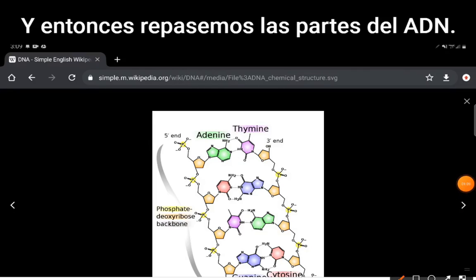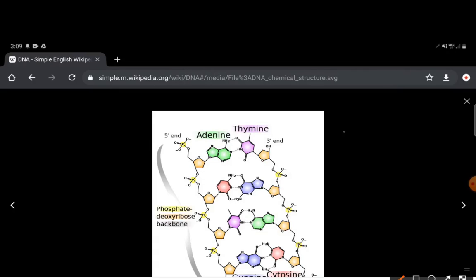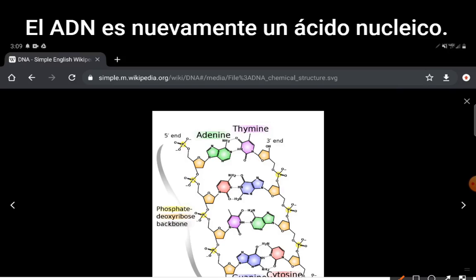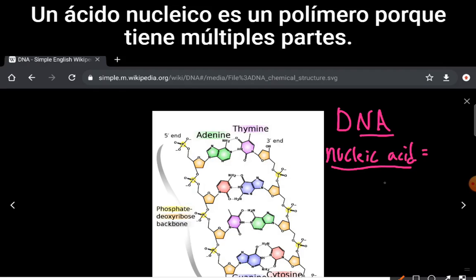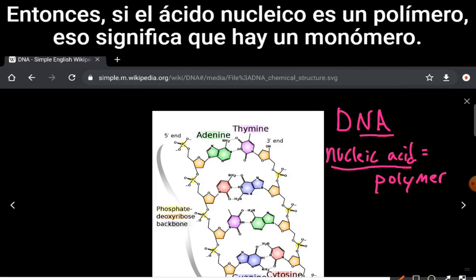And so let's go over the parts of DNA. DNA is, again, a nucleic acid. A nucleic acid is a polymer because it has multiple parts. So if nucleic acid is a polymer, that means there is a monomer.